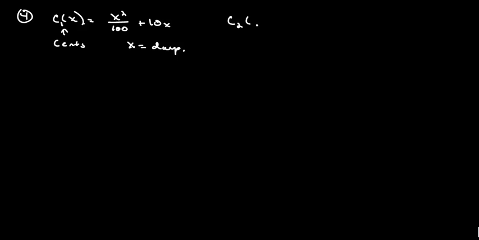So our cost as a function of x is equal to x squared over 100 plus 10x, where this is in cents and x is in days. This will be cost function number 1. It also costs us for cost function number 2 as a function of, here's where we have to be a little bit careful, it's still as a function of x.